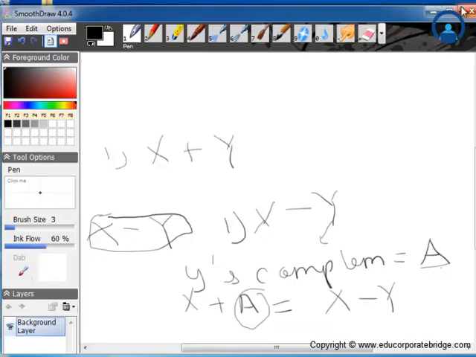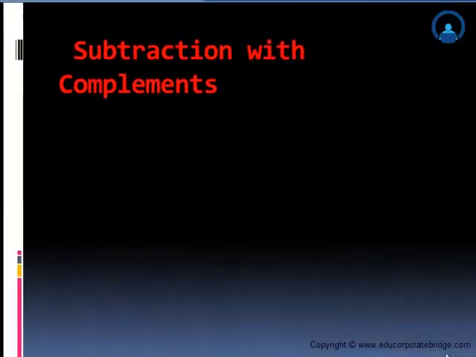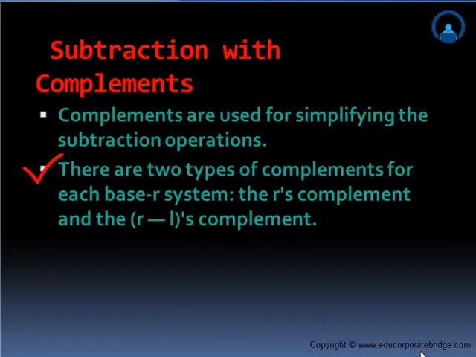Let's start with complements and subtractions. There are two types of complements for each base R system: the R's complement and the R minus 1's complement. What does R mean here? For example, if the base R is 2, we can obtain the 2's complement as well as 2 minus 1, which is the 1's complement.